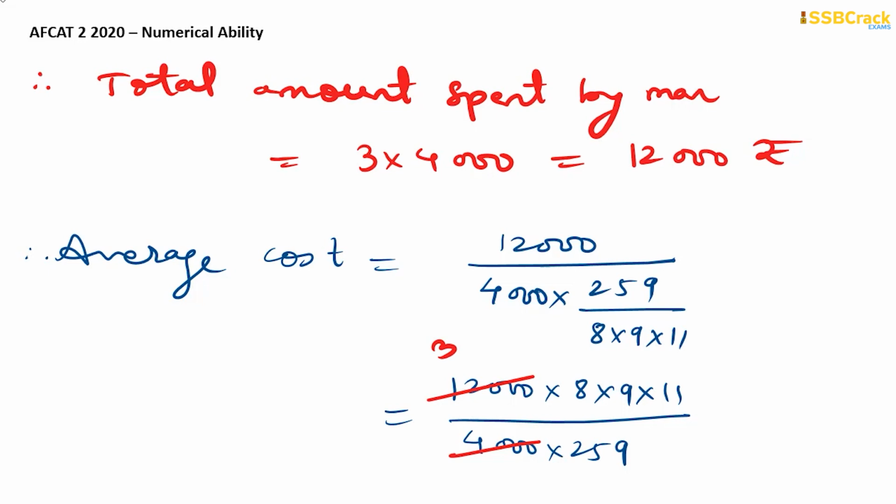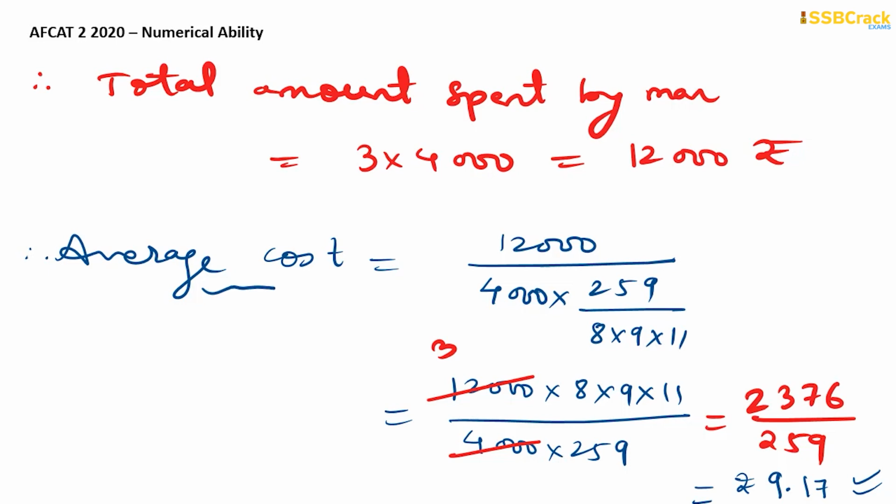Then 3 into 8 into 9 into 11 you have to calculate, which comes out to be 2,376, and we shall divide this by the denominator 259 to have the final answer to this question, and that comes out to be around rupees 9.17. So you can check. I'm writing approximate because they had also asked for the approximate average cost per liter. So this is the approximate average cost we have calculated.